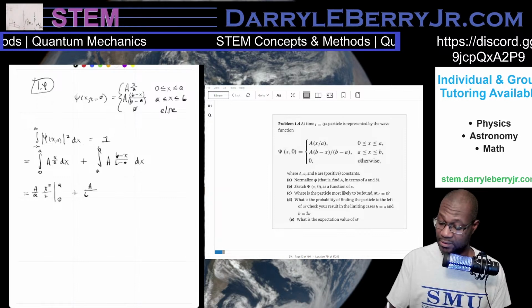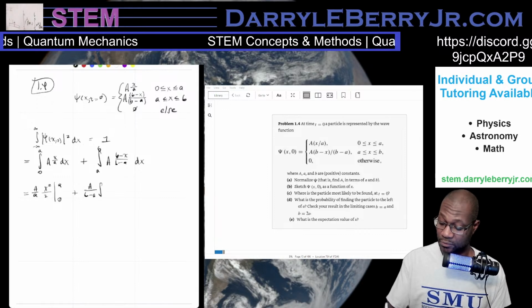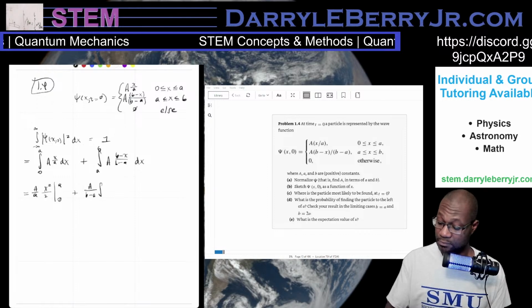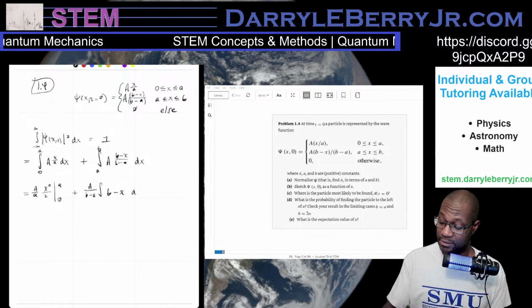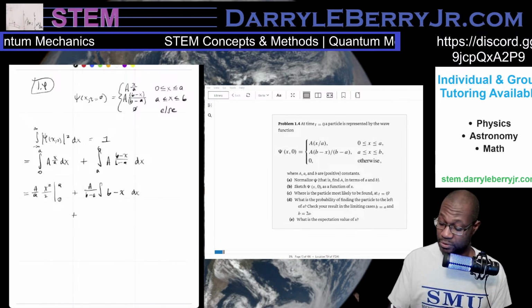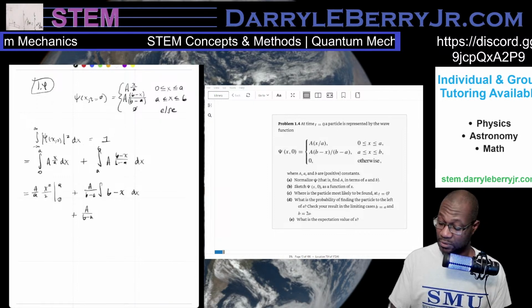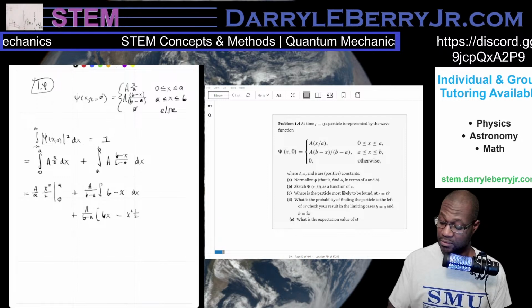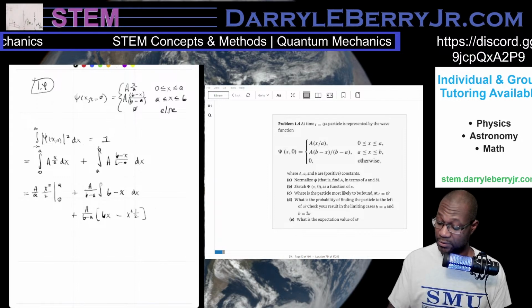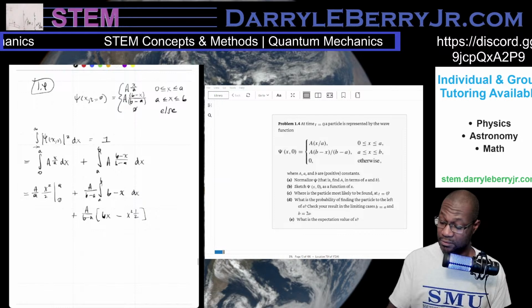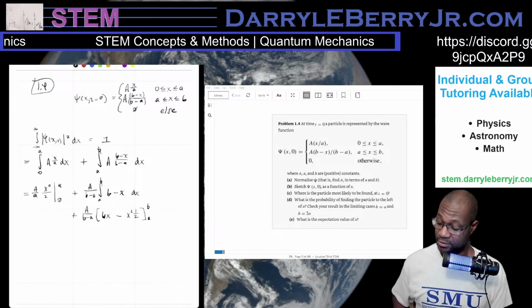We just have A over b minus a times the integral of b minus x dx. So this should equal A over b minus a, and this should be bx minus x squared over 2, from a to b.